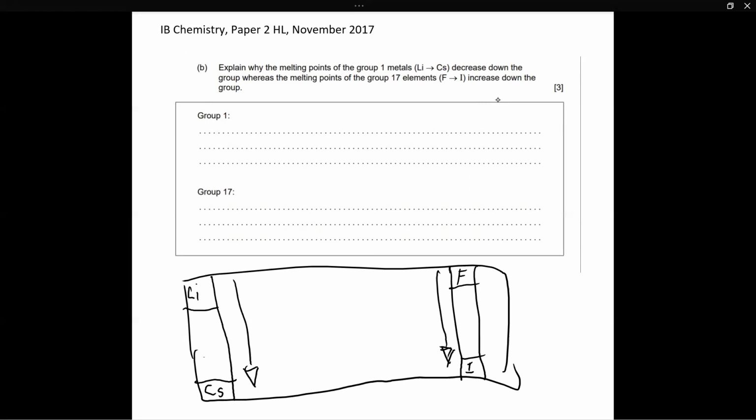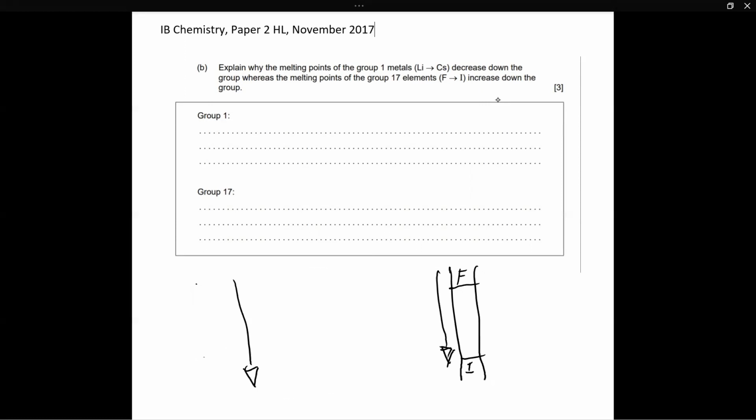And to really understand what goes on, you need to first understand what exactly happens when you melt something. Because remember, they're asking about the melting points. So what is happening when you're melting something? Now, imagine I have given you a chunk of some substance. Okay, I've given you a chunk of gold.